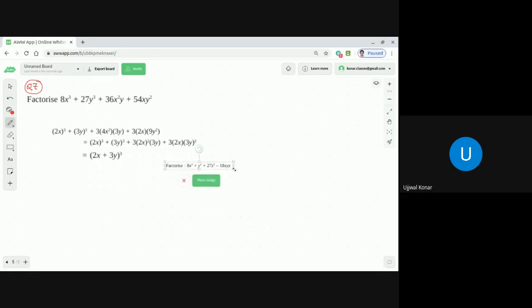So the next question to give you is factorization. Please have a look into it.